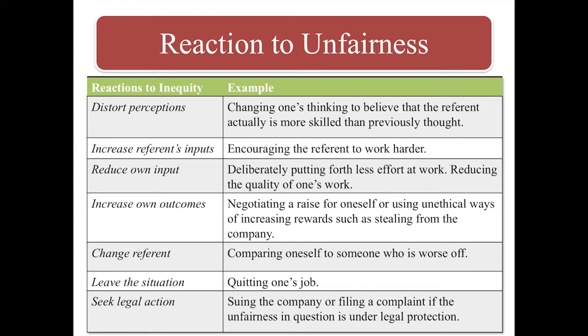Again, this is a mathematical equation, so on both sides, you could reduce your own input. You could increase your own outcomes by asking for a raise. You could change your referent. You could compare yourself to someone else. You could leave the situation at an extreme, or you could seek legal action. So all of these are potential reactions to unfairness or perceptions of unfairness.